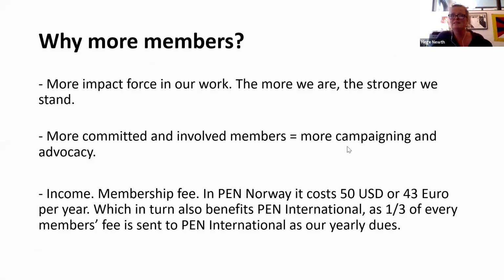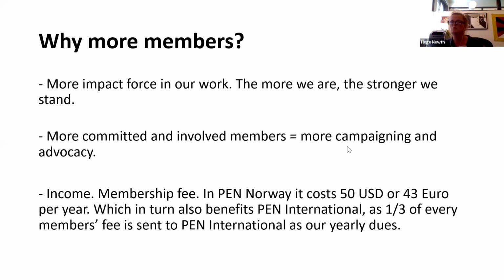Because more members gives you more impact and gives you more force behind all your campaigns and activities, and it also opens doors into the media houses, into the politicians' offices, so we can talk to the media more easily. We can have contact with the politicians more easily because we have greater impact.